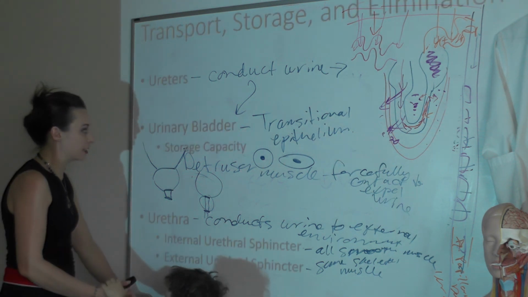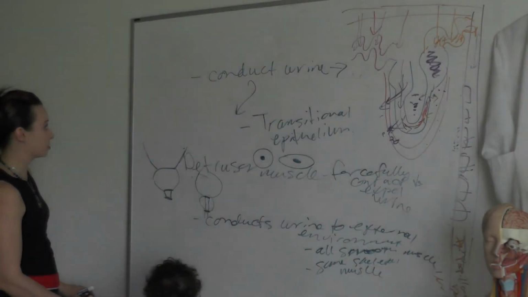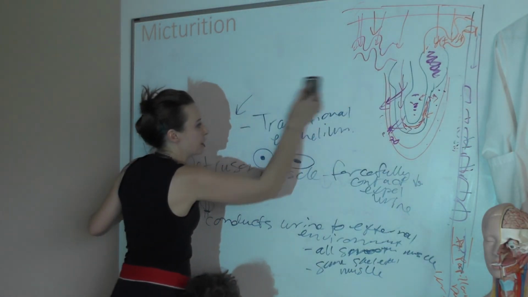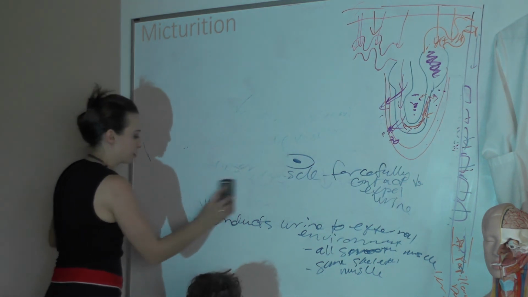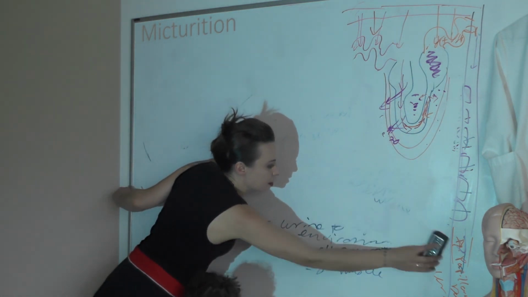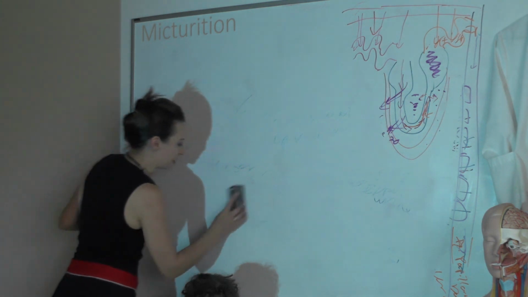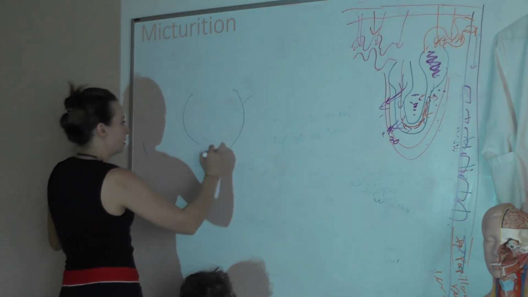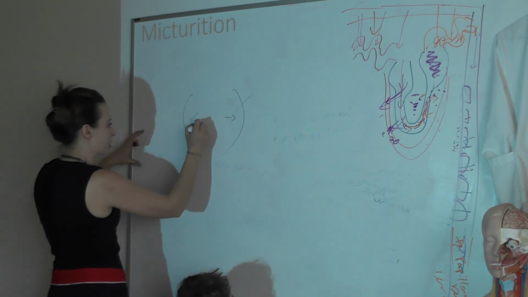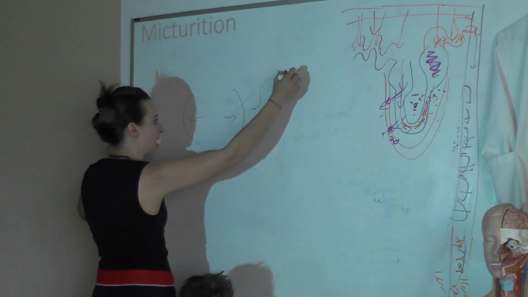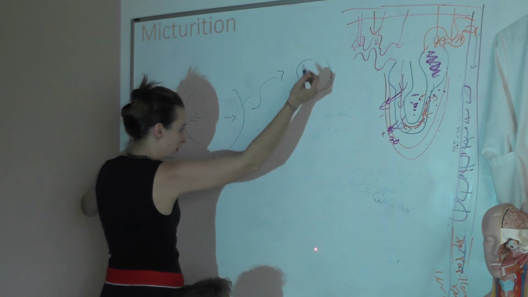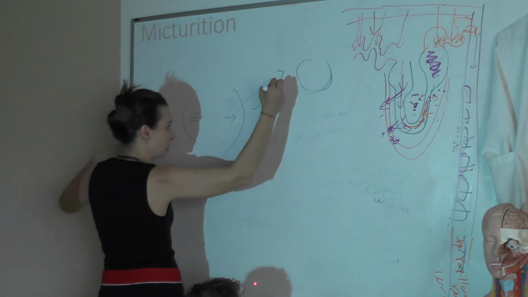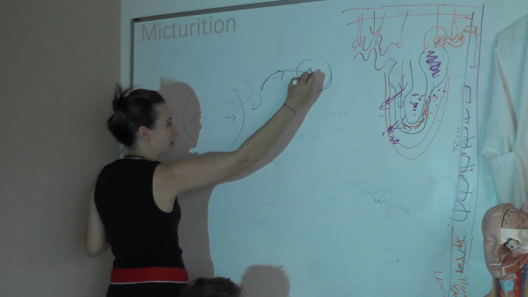So micturition, that's the reflex that's going to control urination. Micturition is urination, and it's a reflex. So when your bladder fills, as your bladder is stretching, it'll send sensory information back to your spinal cord, because spinal reflexes are handled not from the cerebrum, right? We handle them all through the spinal cord.